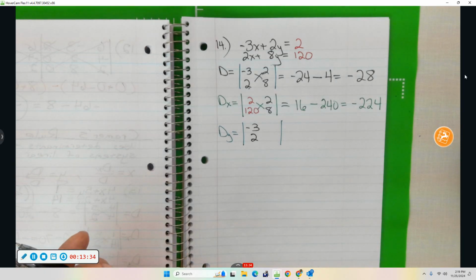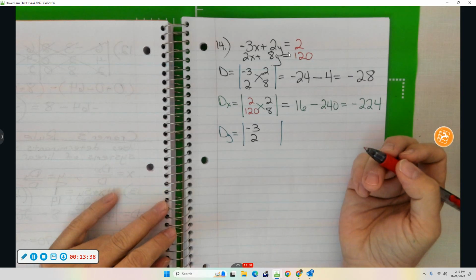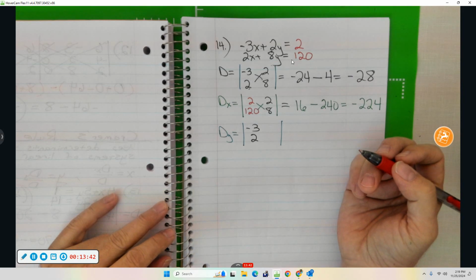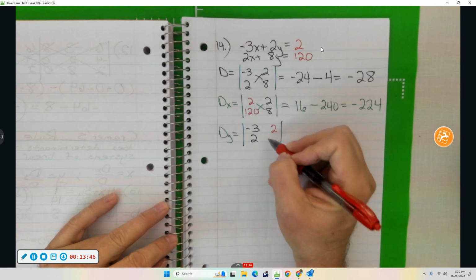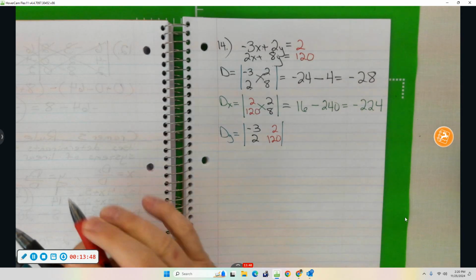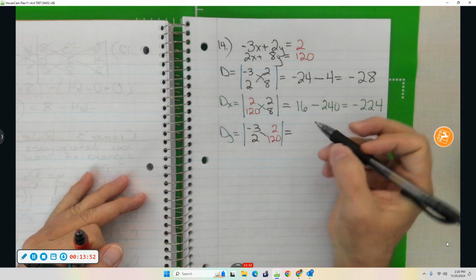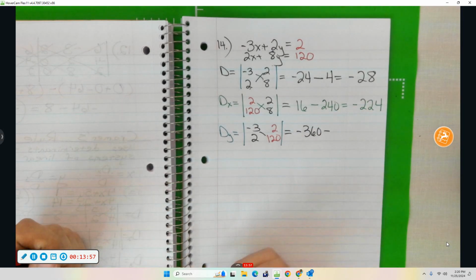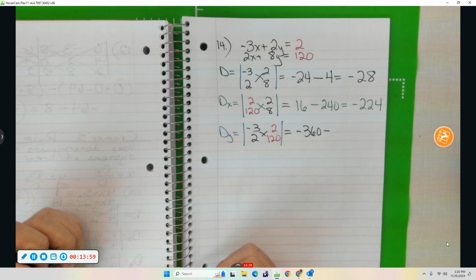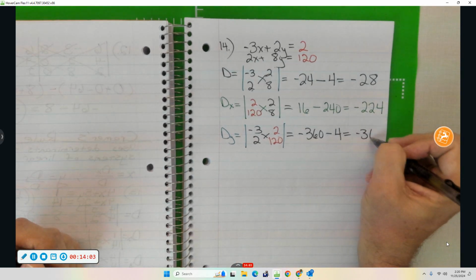The y column, that's the column that we replaced with 2 and 120. So we multiply, that's a negative 360 minus multiply 4. That's giving me negative 364.